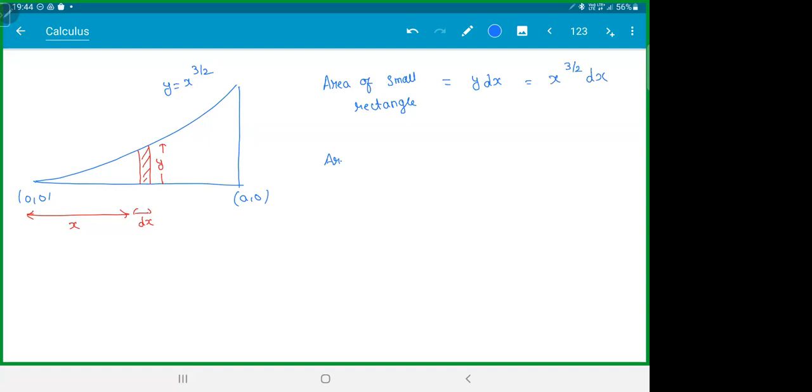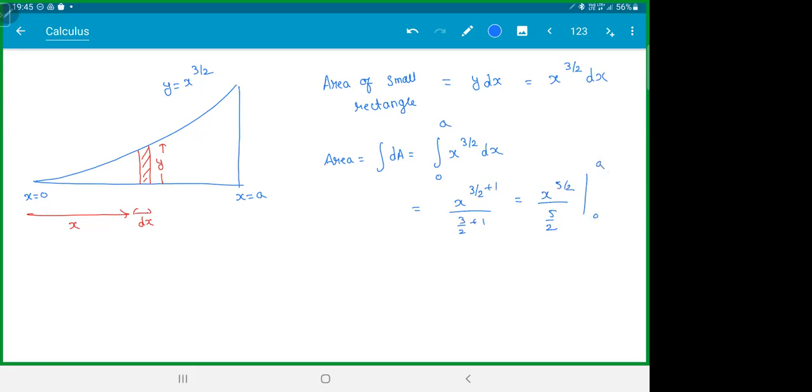So what is the area of this? Integral dA is integral x power 3 by 2 dx. X ka values will go from 0 to a because this point is x is equal to a. So this will be x to the power of 3 by 2 plus 1 by 3 by 2 plus 1. x power 5 by 2 by 5 by 2. So that is 2 by 5.